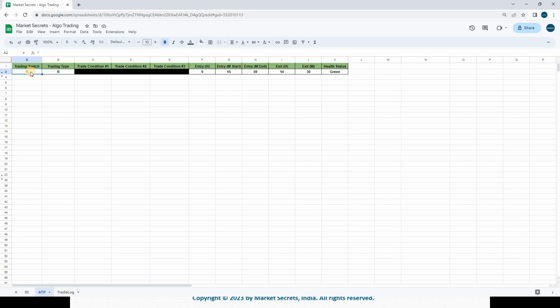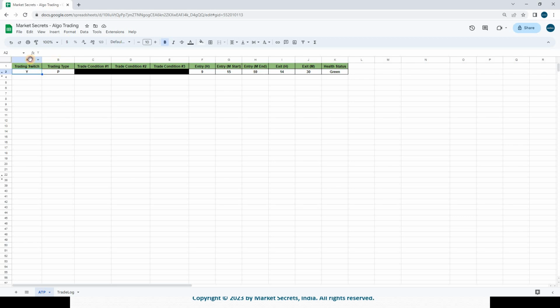So the trading switch is turned on and your trading type is set to R, which is the real trade. In this case, the trade will happen using the real money through your trading account. If you leave this blank, or if you set any other value in this particular cell, while the trading switch is still turned on, that is, set to Y, for example if you set this value to P, the bot will do paper trading.